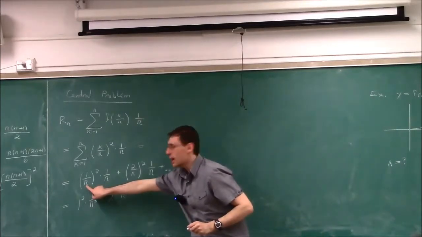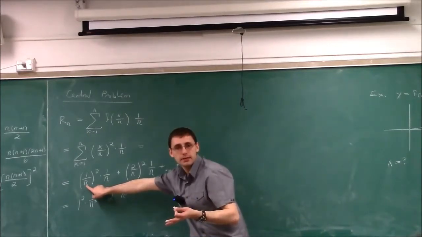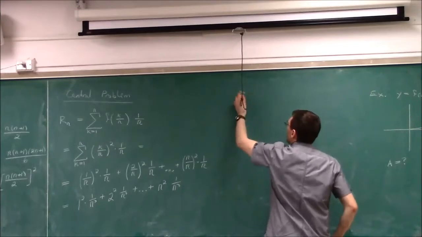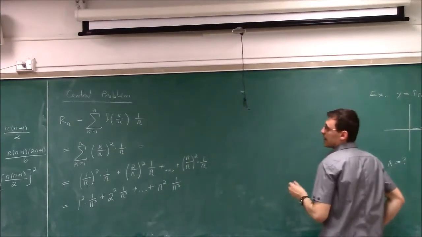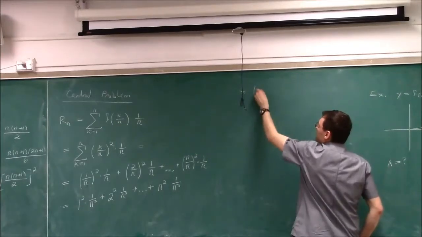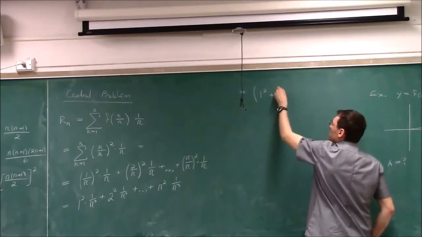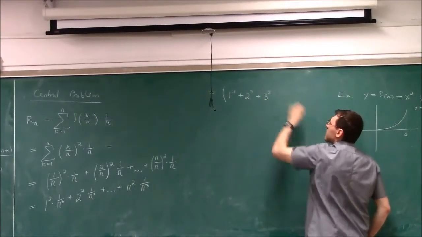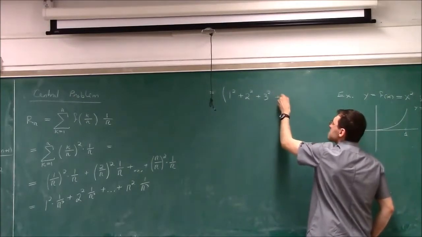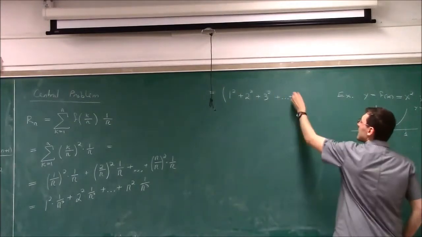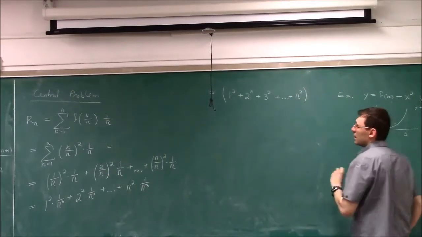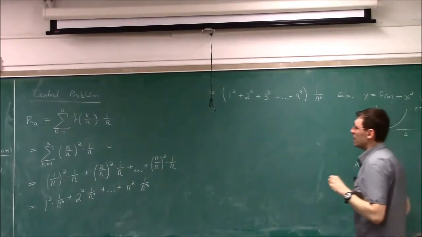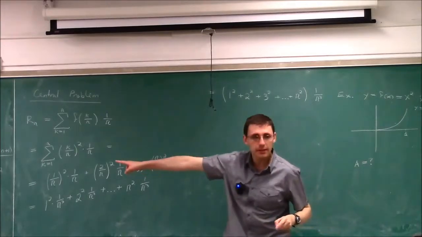Each of those terms has a denominator which is n squared in fact. So we have 1 over n cubed, 1 over n cubed, 1 over n cubed, and when I factor this out, what do I observe? I observe that I have in parentheses 1 squared plus 2 squared plus 3 squared plus ... plus n squared, times 1 over n cubed.